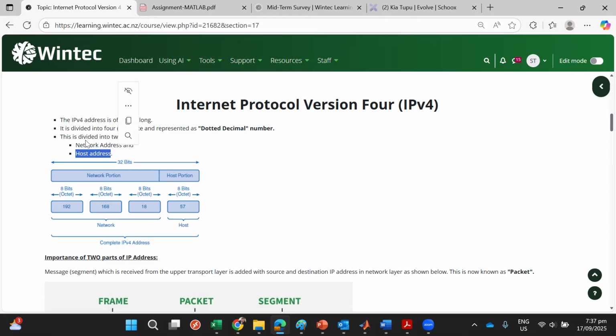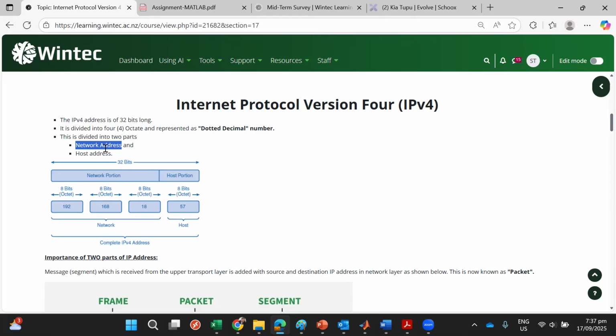And this is really important, to identify the network address whenever a message is being transferred from one host to another host. If the message has to be transferred from a host in one network to a host in another network, then that has to be identified with the network address.